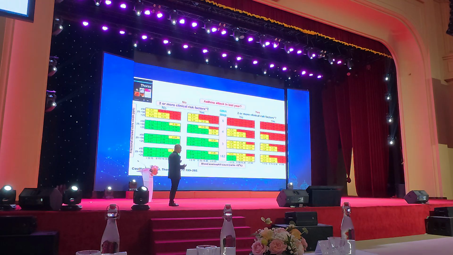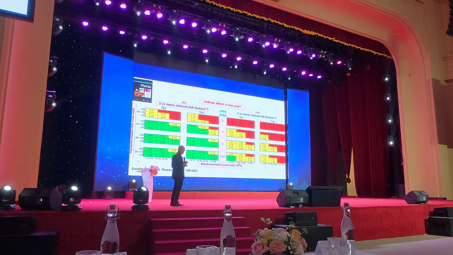And mostly, depending on the severity of asthma, the same value of both biomarkers will not give you the same risk, as shown with different types of score. When you are on the right, most will be red. When you are on the left, most will be green. And therefore, in those 2 groups of patients, maybe biomarkers will not be useful, because those are well controlled, and those are very severe asthma. You are not going to wait for the result of the biomarker to start the treatment.